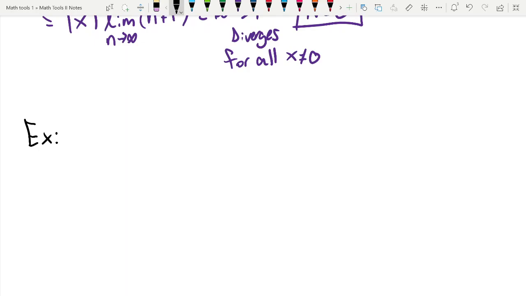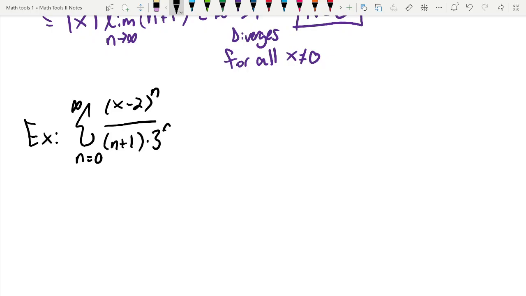All right, and then finally, the last one we had written down there, the one that was not centered at 0. Sorry, I'm just trying to think of what it was here. x minus 2 to the n over n plus 1 times 3 to the n. There we go. So this is centered at 2.